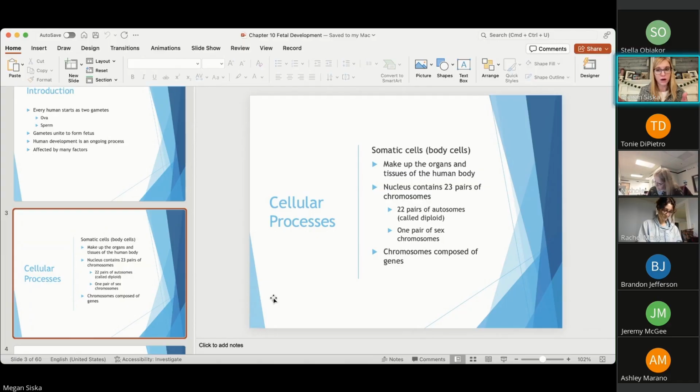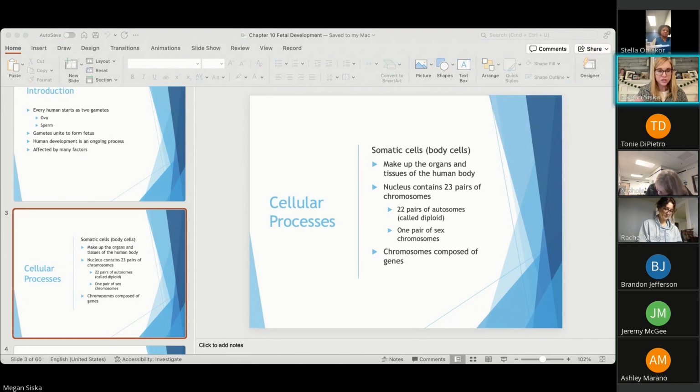But as we'll talk about, not everyone is XY or XX. There are variations. I won't go into a whole speech about intersex individuals, but I want to make sure you're aware that that is very much a real thing, that not everyone's chromosomes fit into that perfect little box of XY or XX.